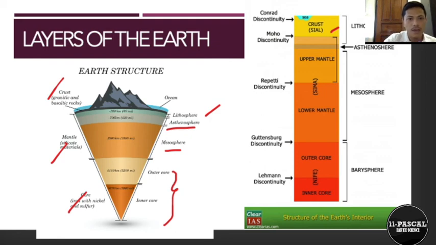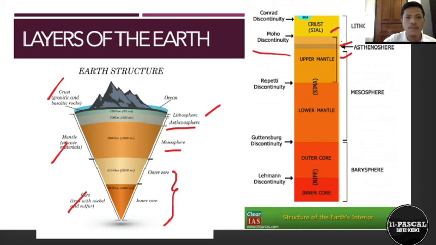Next, we have the Moho discontinuity, also called the Mohorovičić discontinuity. This is a transition zone between the crust and the mantle. If you look here, it is at this part here, between the lithosphere and the mantle. This is the Moho discontinuity.